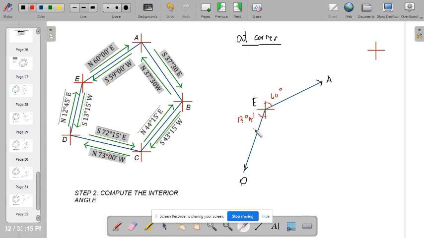And if ever mayroong isang angle na lumagpas, it's either you add them, okay? Or you subtract them kung kailangan. So halimbawa dito, we only need this point, I mean this angle distance. We only need this, right?